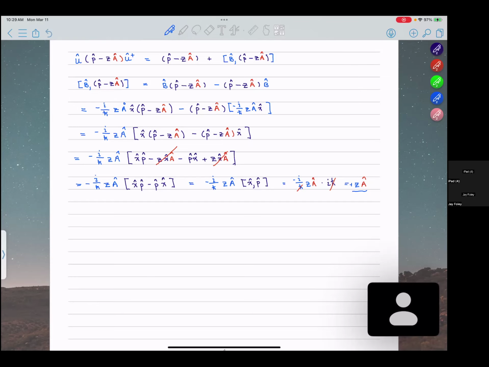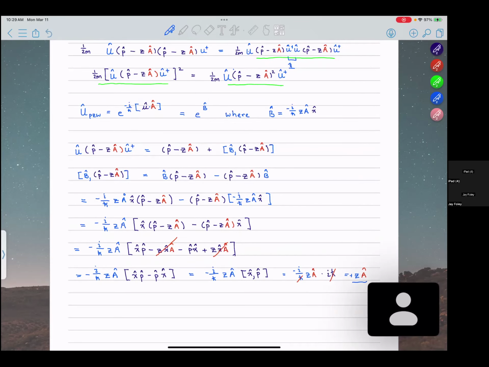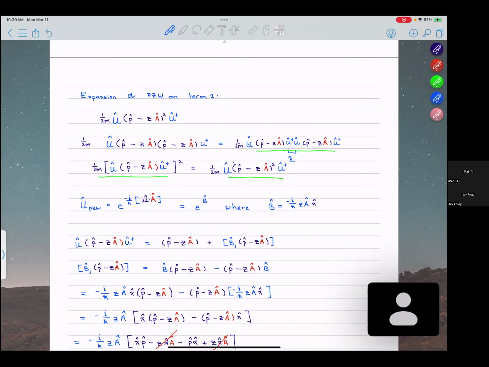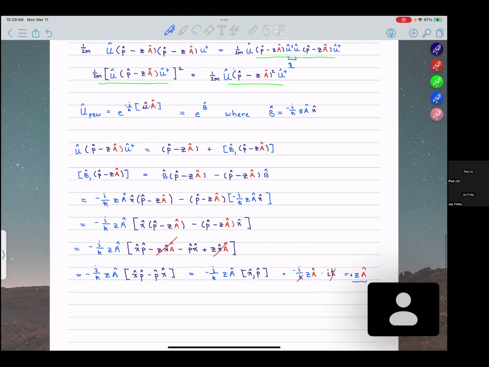Okay, so then let's put it all together. This is the first commutator. And so our PZW transformation on this first term is going to be P minus Z times A plus the result of this commutator. So let's copy this down here.